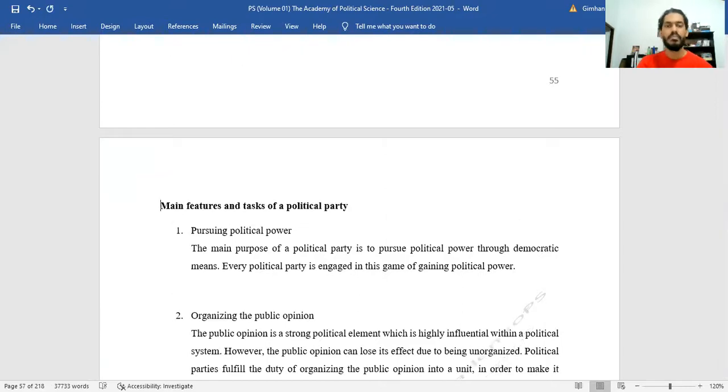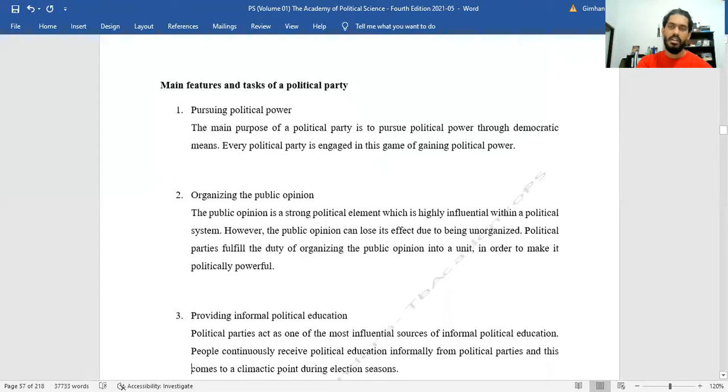Right. So what are the main features? Number one, the most obvious one, pursuing political power. That's the whole reason they are together, to gain as much power as they can. That's in their definition.